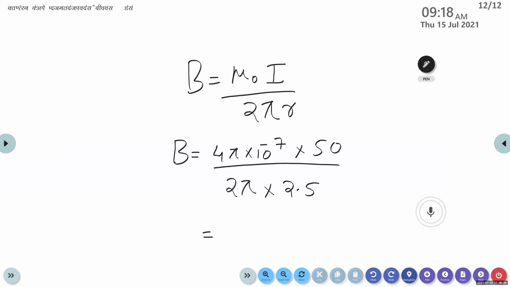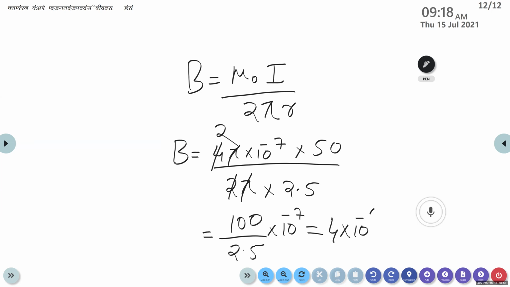So the final answer: 2 into 10 raised to minus 7 into 50 divided by 2.5. 50 into 2 is 100, divided by 2.5, into 10 raised to minus 7. 100 by 25 is 4, so 4 into 10 raised to minus 6 Tesla.